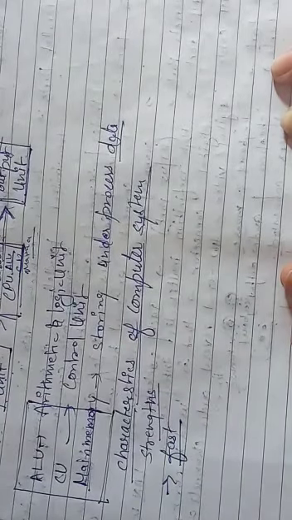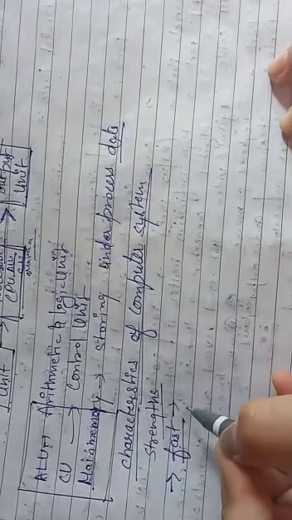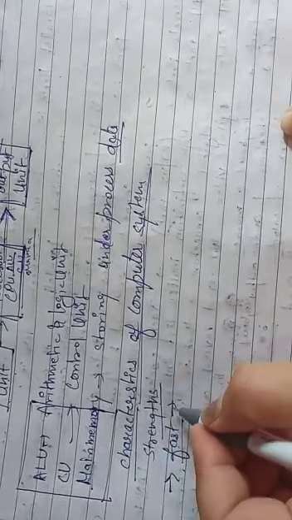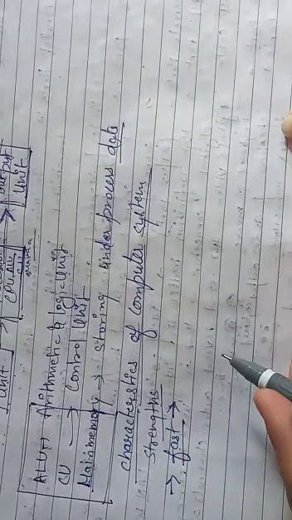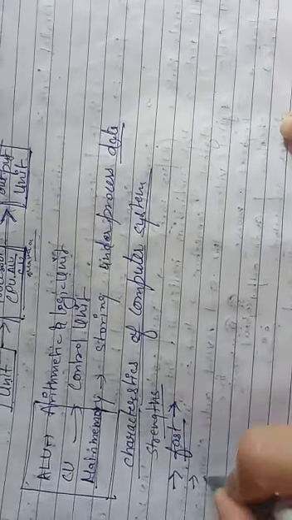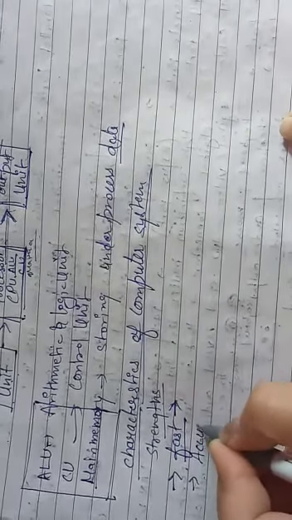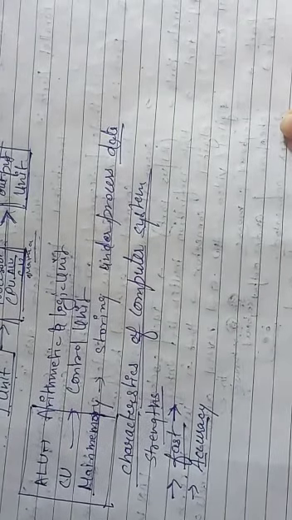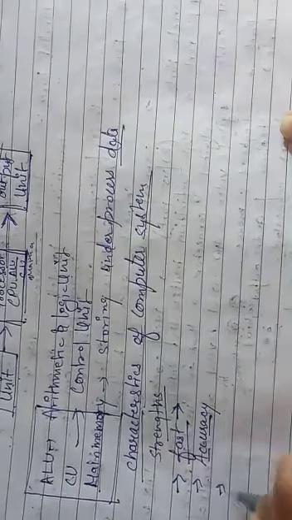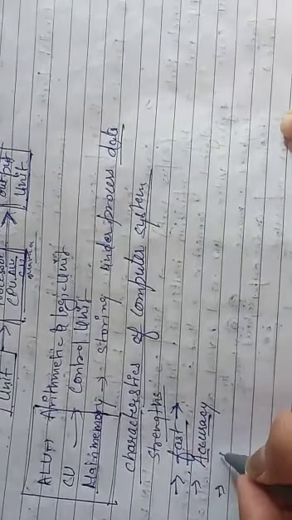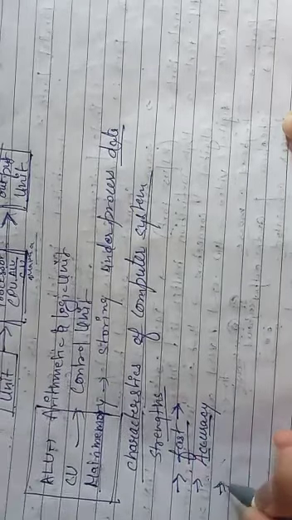Large calculations take us a large amount of time, but computers can do the calculation within a fraction of a second. Second one is accuracy. Human beings are prone to making errors, but in case of computers we can assure that it will calculate with accuracy.